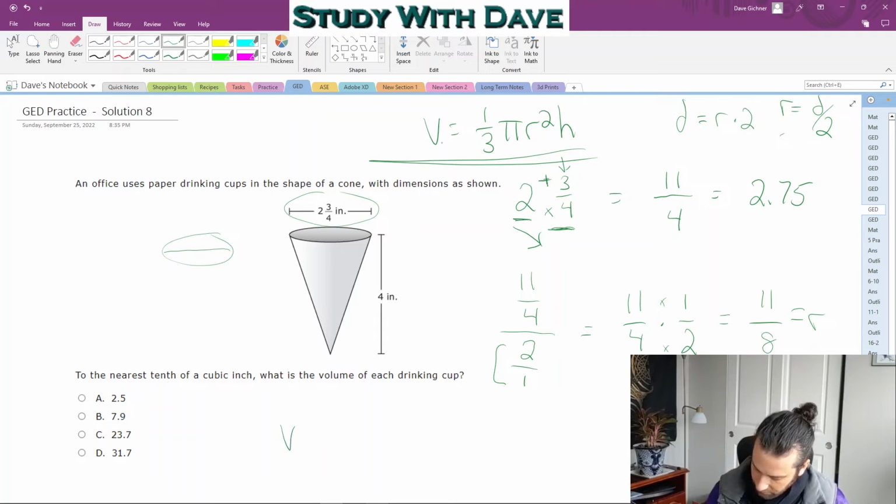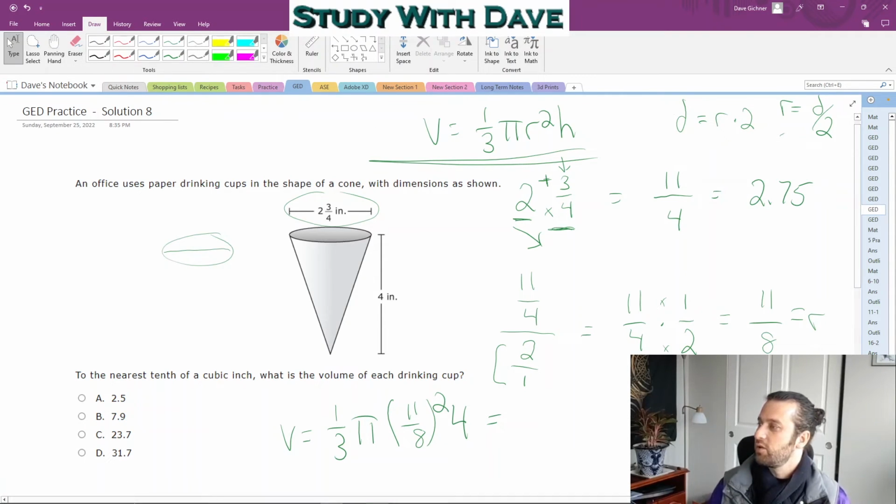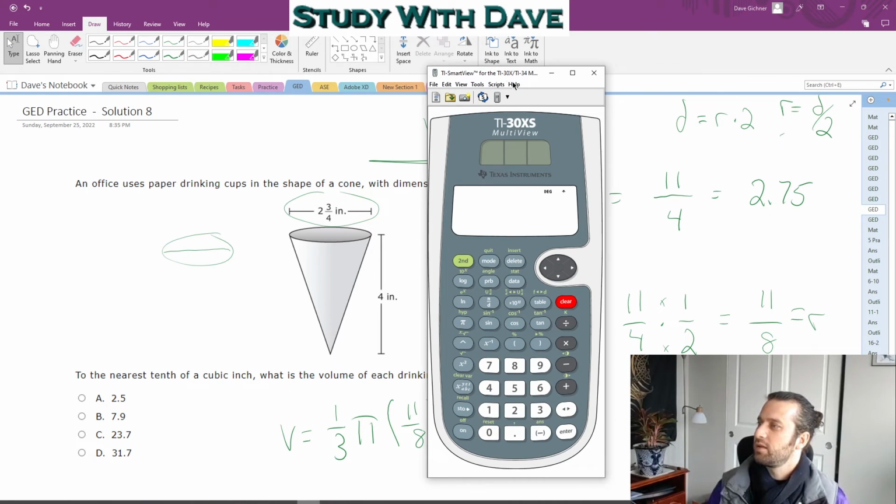So V equals 1/3 pi times radius squared, or 11/8 squared, times height, which is 4 inches. Okay, so we're just going to go ahead and put that into the calculator real quick.